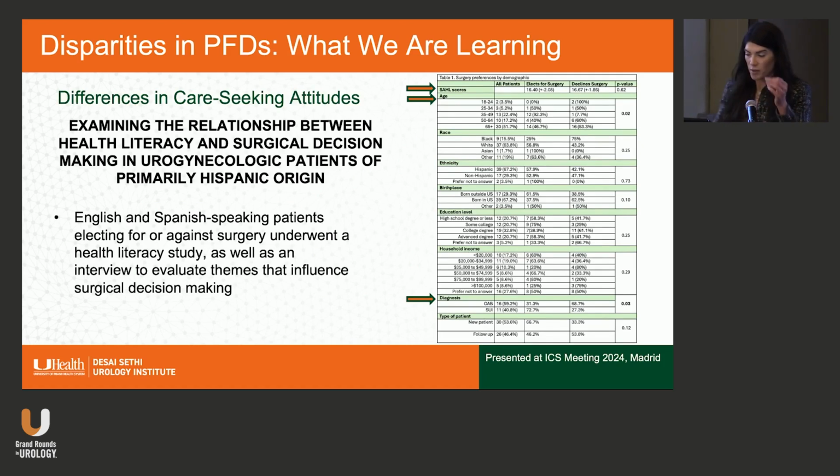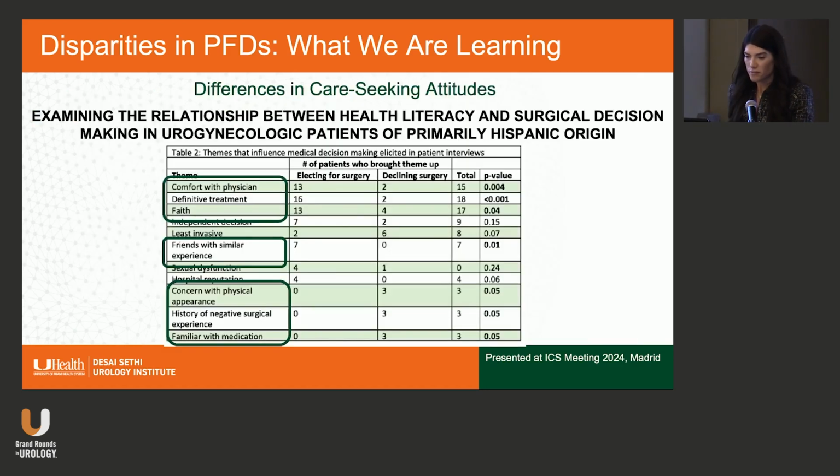This is another study that we presented at ICS in Madrid, again looking at primarily Hispanic patients. These are the demographics, and we're looking at patients that elect for surgery versus patients that decline surgery. Interestingly enough, older patients are declining surgery, and patients that are offered surgery for overactive bladder are more likely to decline surgery as well.